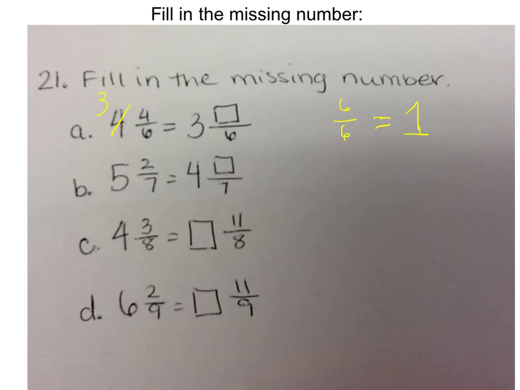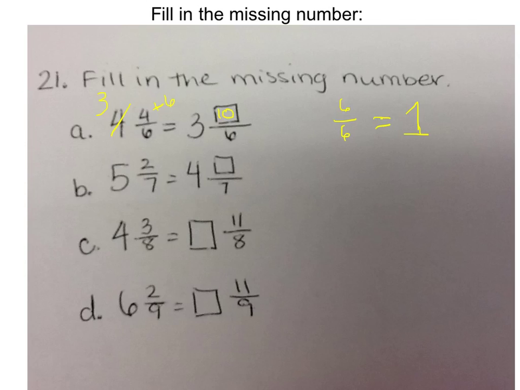So if I take away 1 from here, this 6 over 6 needs to go somewhere. So I would add it to my numerator. 4 plus 6 is 10. So 3 10/6 is equivalent to 4 4/6.